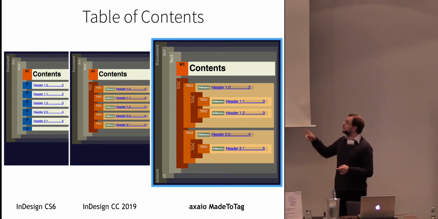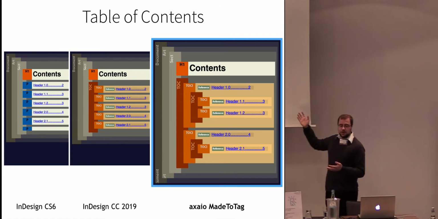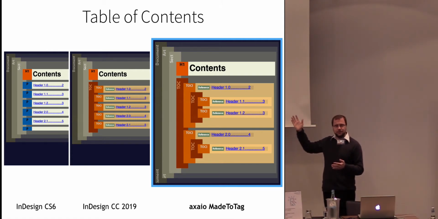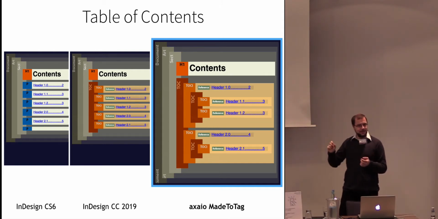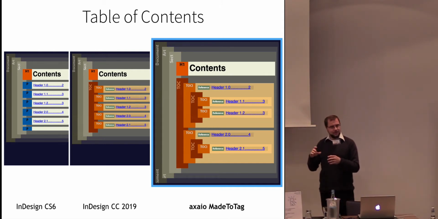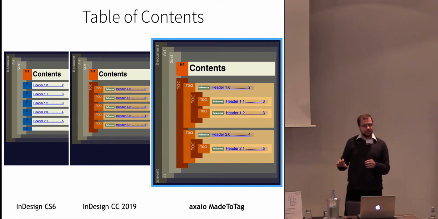And with MadeToTag, you have a richer, more valuable table of contents, because you have the different levels of the headers. So heading level number 1, heading level number 2. You can see that in the top structure.